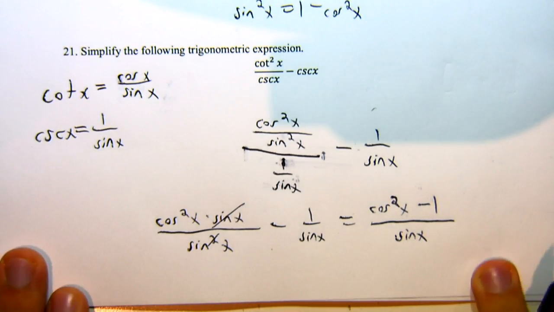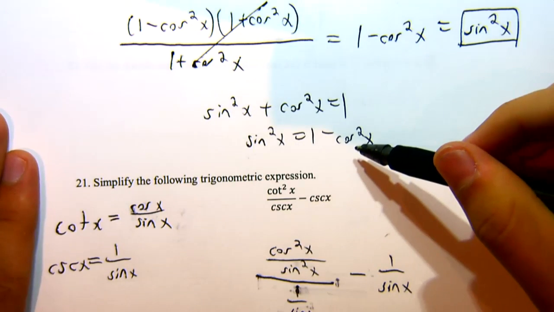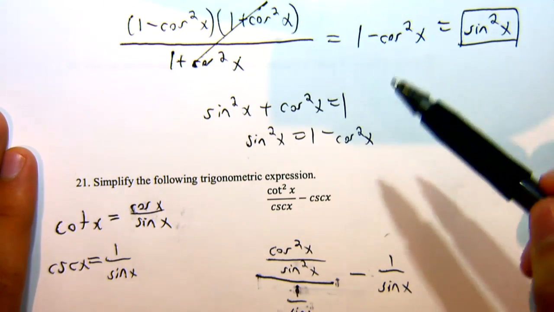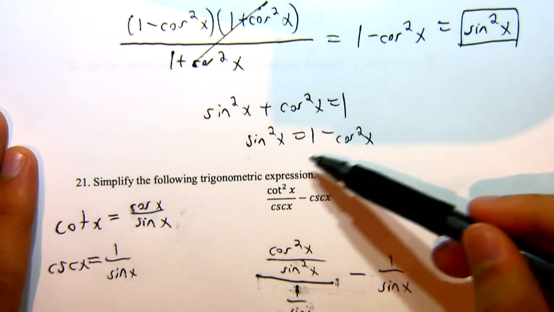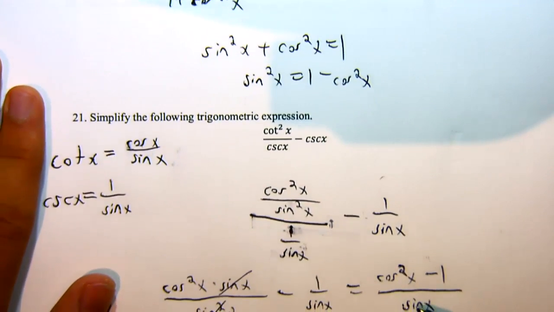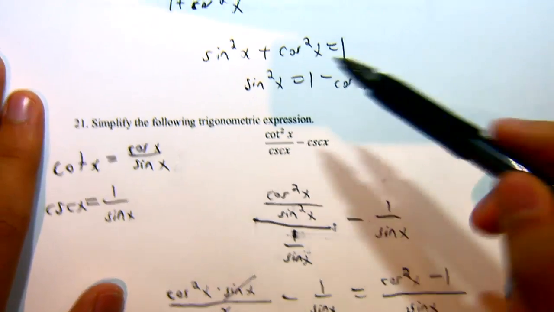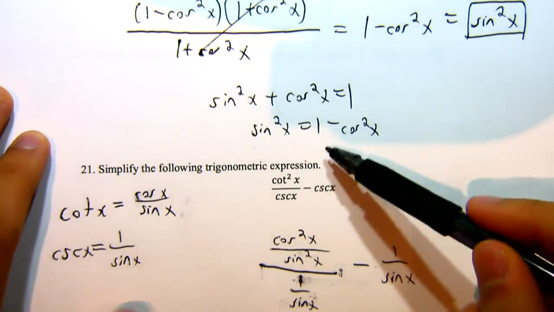Alright, and now using our Pythagorean identity again, we can just look back here. We have sine squared x is equal to 1 minus cosine squared x, but in this case, it's cosine squared x minus 1. So it's actually just the opposite, so we have to add a negative sign in there.